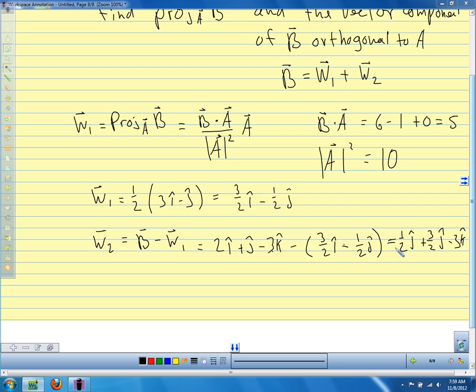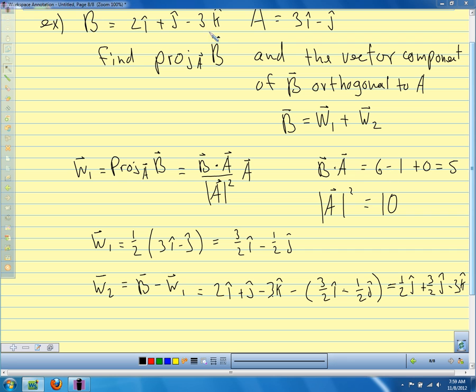We can check that W2 is orthogonal to A. If we take the dot product of W2 with vector A, we would get 0, and that tells us that the angle between them is 90 degrees. We can see that W1 is parallel to A because it's just A times 1/2, a scalar multiple of vector A. That's a way you can double check your work.